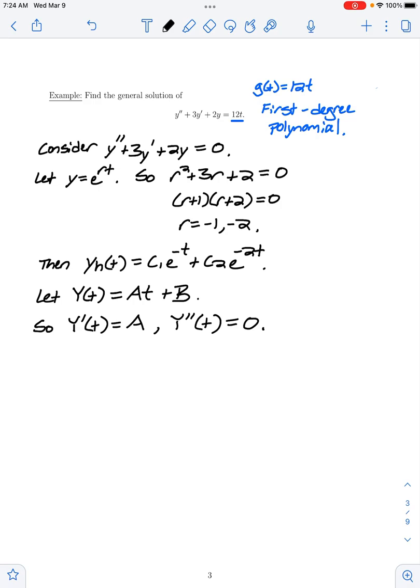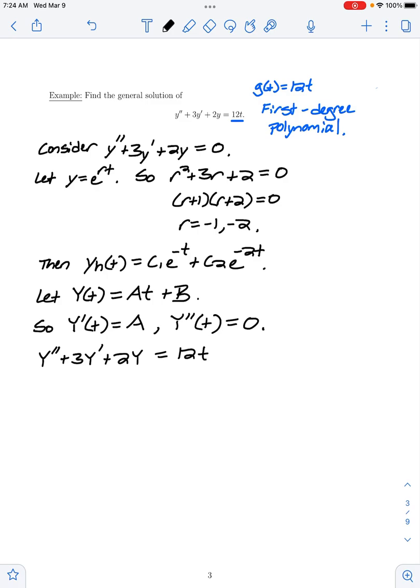Substituting into our non-homogeneous equation, we would be looking for y double prime plus 3y prime plus 2y, and we need this to equal 12 times t to give me a solution.